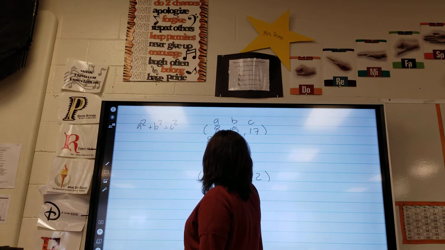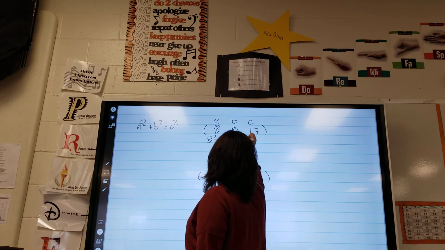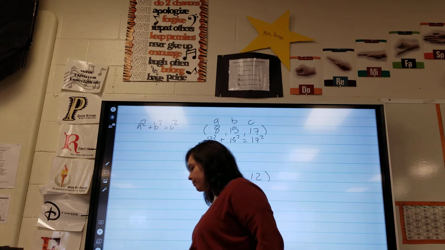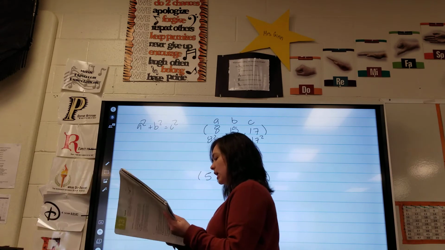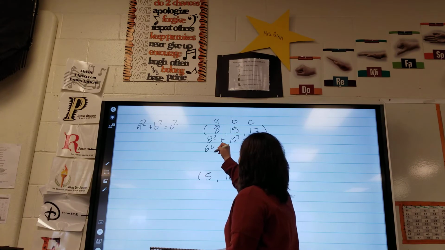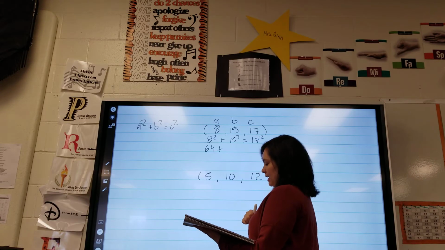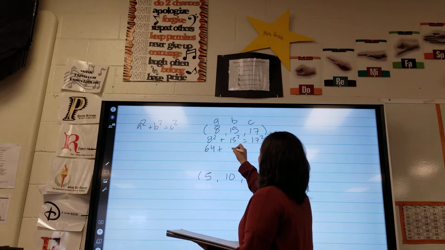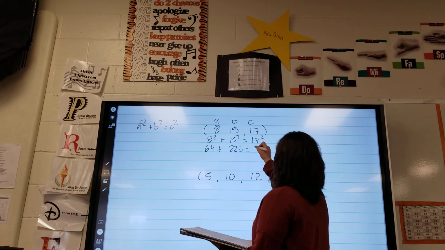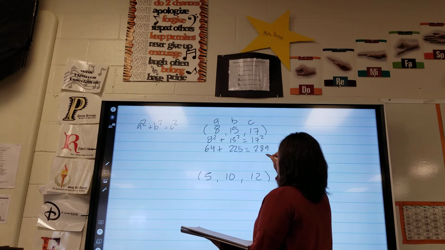So 8 squared plus 15 squared should equal 17 squared. Well, 8 squared is 64, and 15 squared is 225. 17 squared is 289.